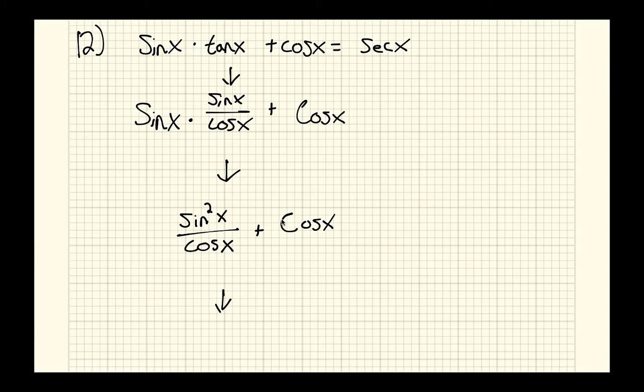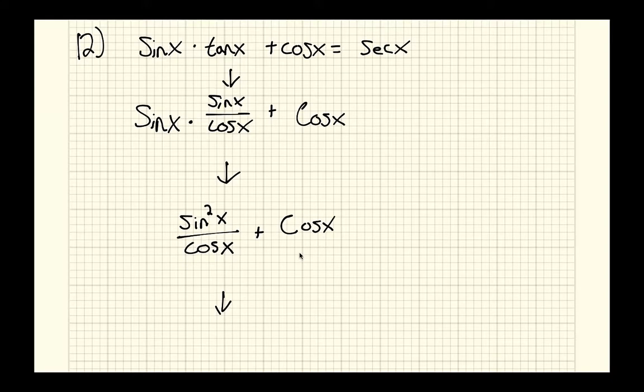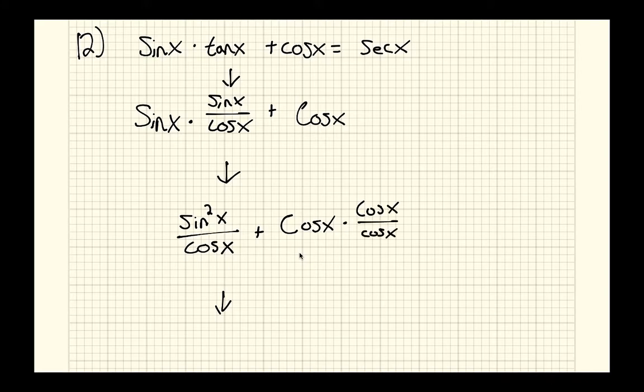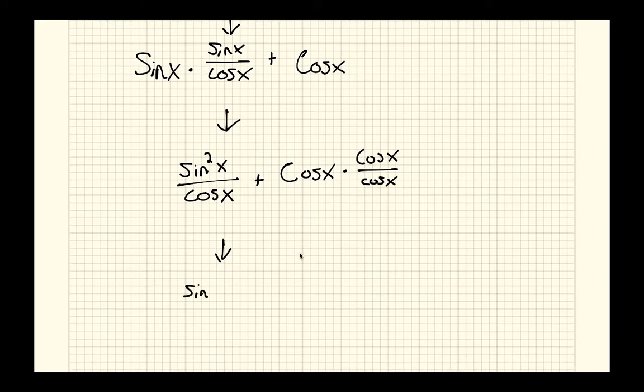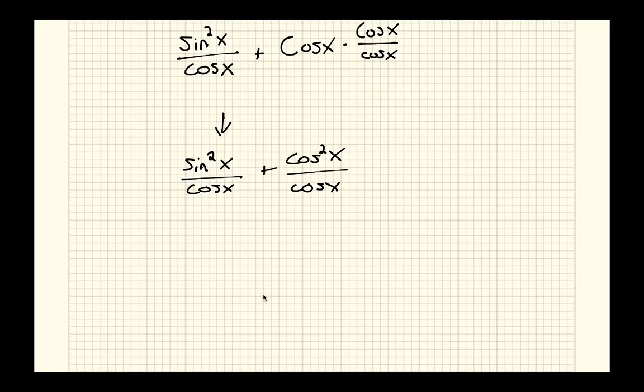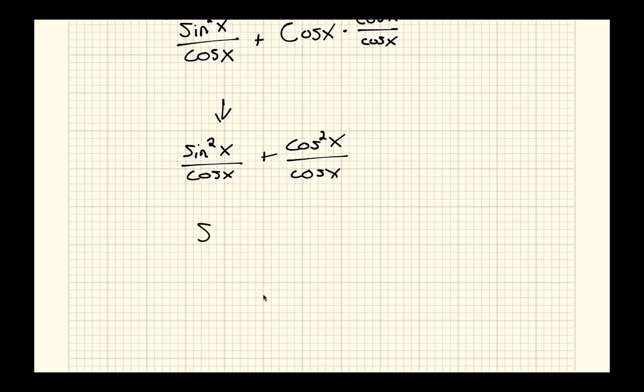If I want to add these two things, the denominator here is cosine, and the denominator here is 1, so I need a cosine in the denominator here. If I multiply this by cos over cos, it should give me sine squared x over cos plus cosine squared x over cos. Same denominator, so I can write those together: sine squared x plus cosine squared x over cos x.